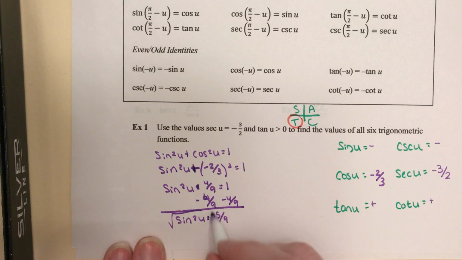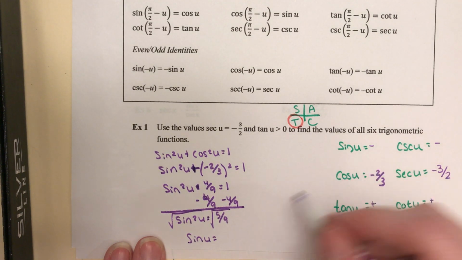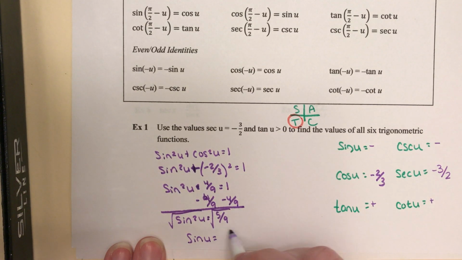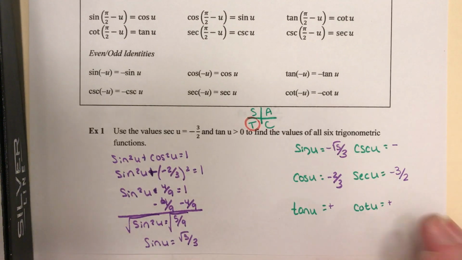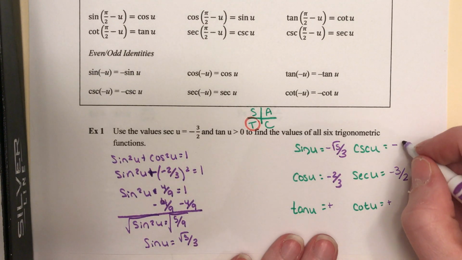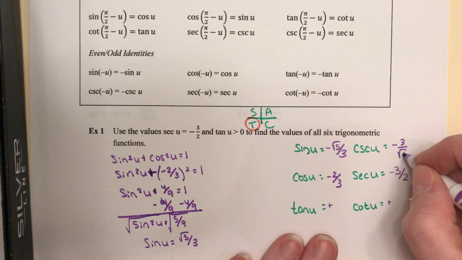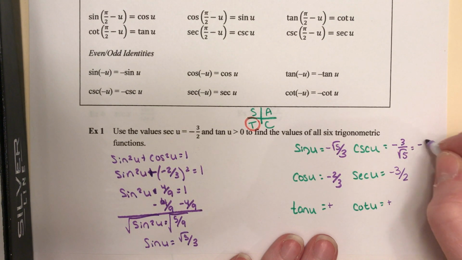And I'm going to take the square root. Now I already know sine has to be negative, so I don't have to worry about the plus or minus. It would be negative √5/3. So cosecant would be the reciprocal of that, negative 3 over root 5, or negative 3 root 5 over 5.